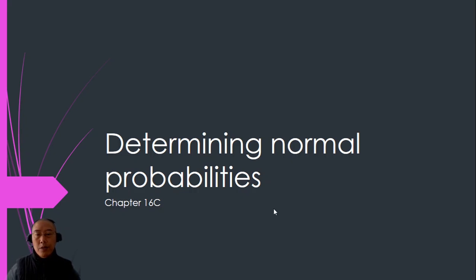Alright, let's continue with chapter 16, which is normal distribution, which is a continuous probability density function.